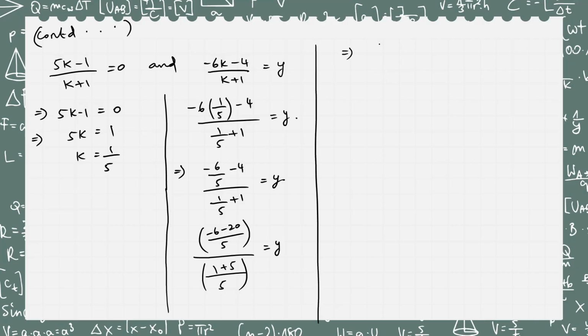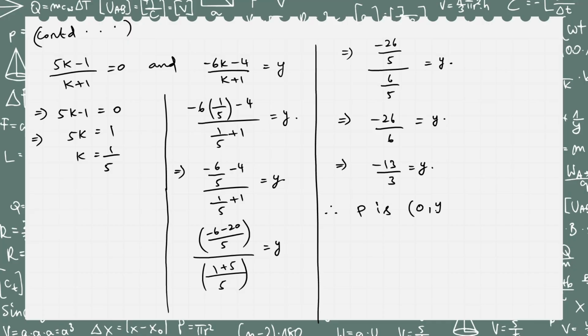That implies (-26/5) divided by (6/5) equal to y. That implies -26/6 equal to y, and we can simplify this, with the 2 we can cancel. -13/3 equal to y. Therefore, point P is (0, y), which is equal to (0, -13/3).